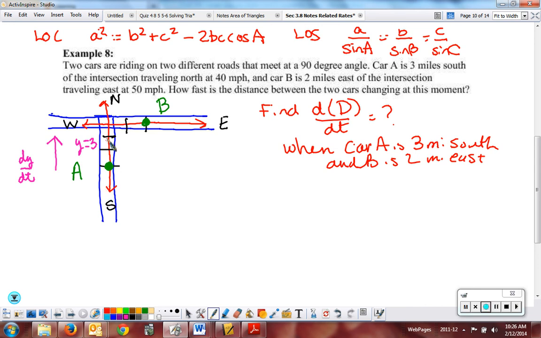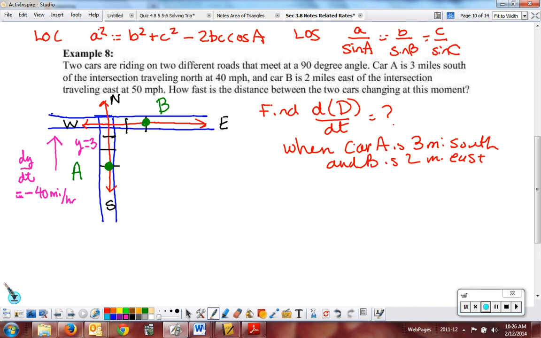Because as I get closer and closer to the intersection, I'm using y not as the y coordinate of a point. I'm using y as the distance between the car and the intersection. What's happening to it? It is decreasing. And if it is decreasing, what's my rate? Negative 40 miles per hour. Okay? Be careful about that.